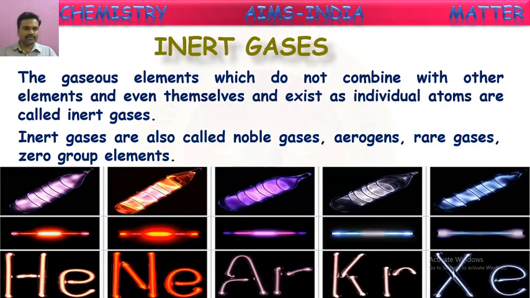See here also, they have shown different colors for different noble gases. So these noble gases are used mostly in the filling of advertisement glow bulbs. And helium gas is also used in filling weather observatory balloons. Okay, children, that is about noble gases or inert gases.